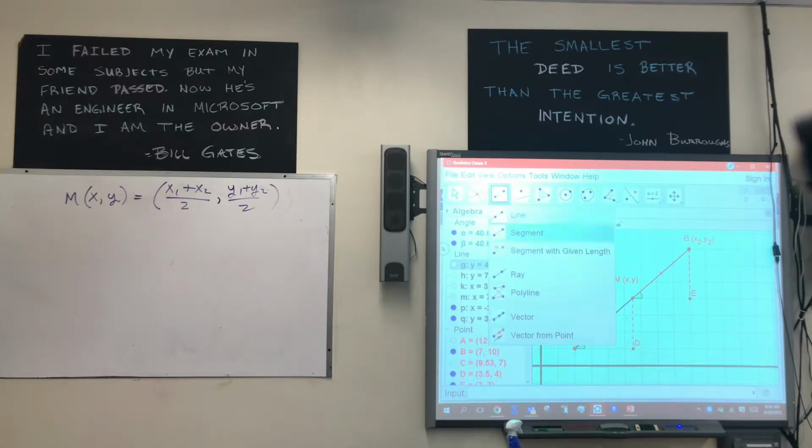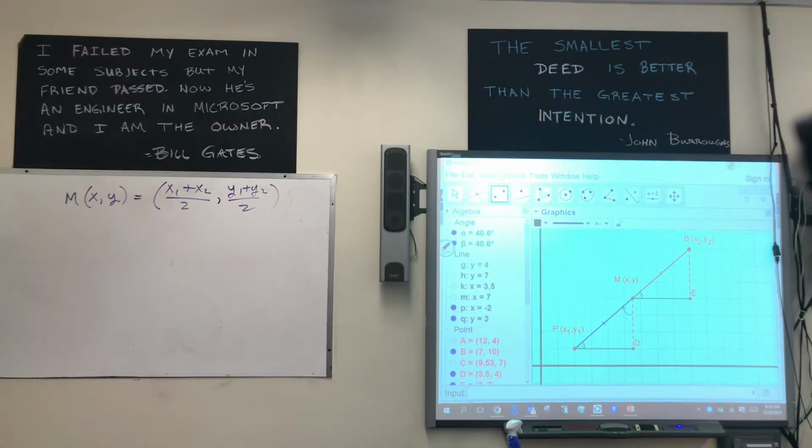Let me put in that. Let me put in that. We have two triangles now, right? And we have also stated that that angle is congruent to that angle.